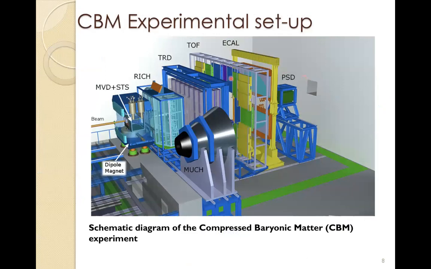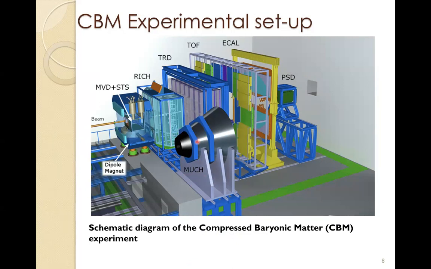This is the Compressed Baryonic Matter experimental setup at FAIR, Germany. There also we will use different detectors. You can see TRD, TOF, ECAL, MVD, STS. These are silicon detectors, but this TRD, TOF, and you can see another called the muon chamber, MUCH. These are gas filled detectors, and particularly in MUCH, where India is participating, India is making the detectors.